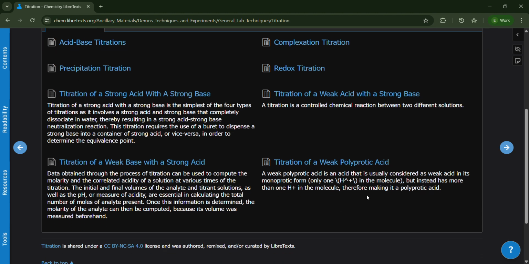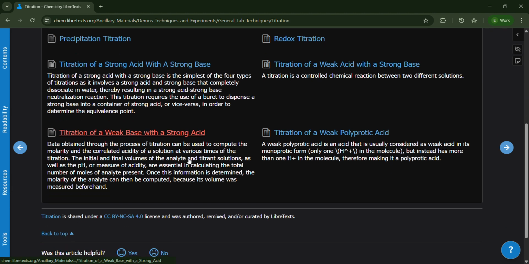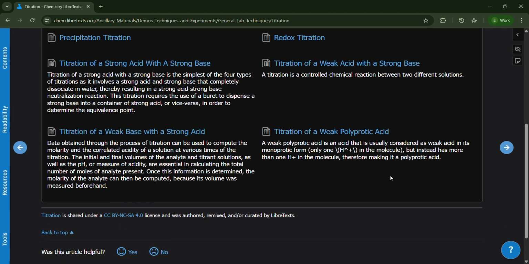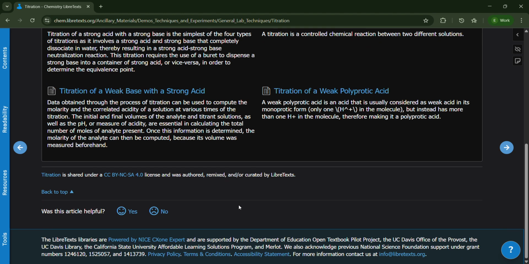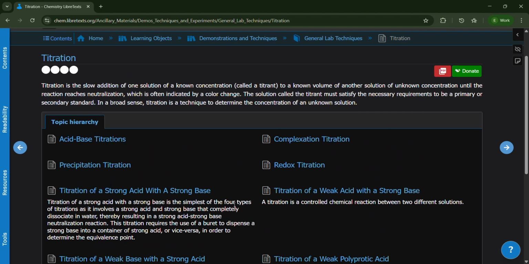A polyprotic acid is an acid that is usually considered a weak acid in its monoprotic form, but instead has more than one H plus in the molecule, therefore making it polyprotic. Okay, so polyprotic means, I think, multiple hydrogen-donating acid. So the idea of titration is also clear. Okay, got it.